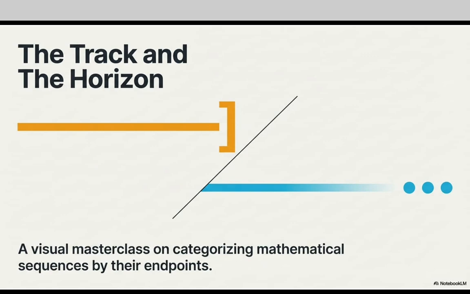Today we should be able to determine if a sequence is finite or infinite and how to identify it, then write a finite sequence with a clear stopping point and an infinite sequence.